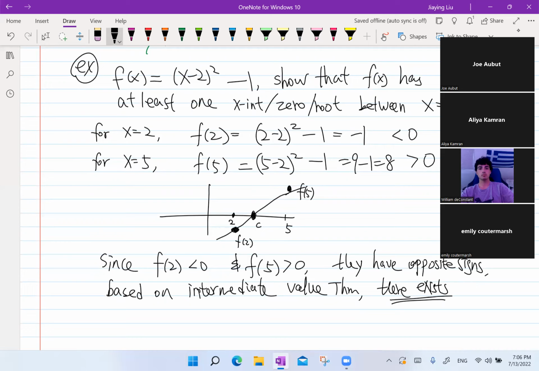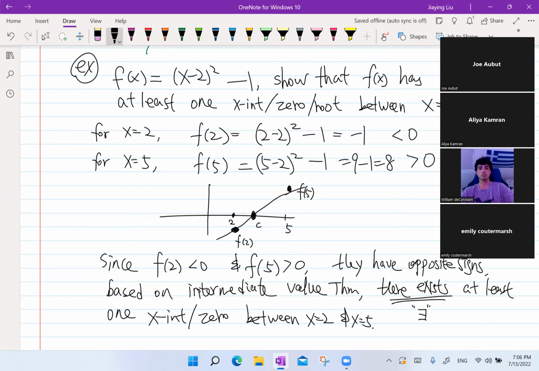The abbreviation for "there exists" is an E, but backwards. So if you write E backwards, that means there exists at least one x-intercept or zero between x equals 2 and x equals 5.